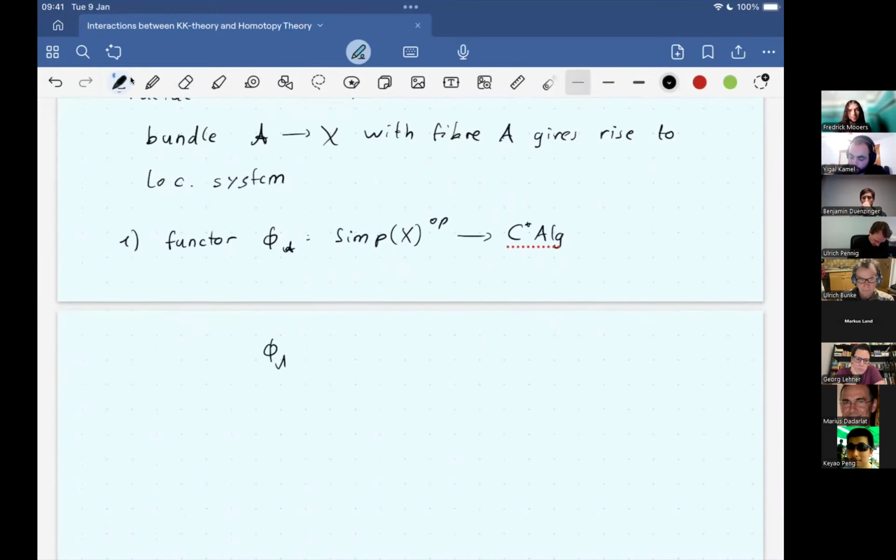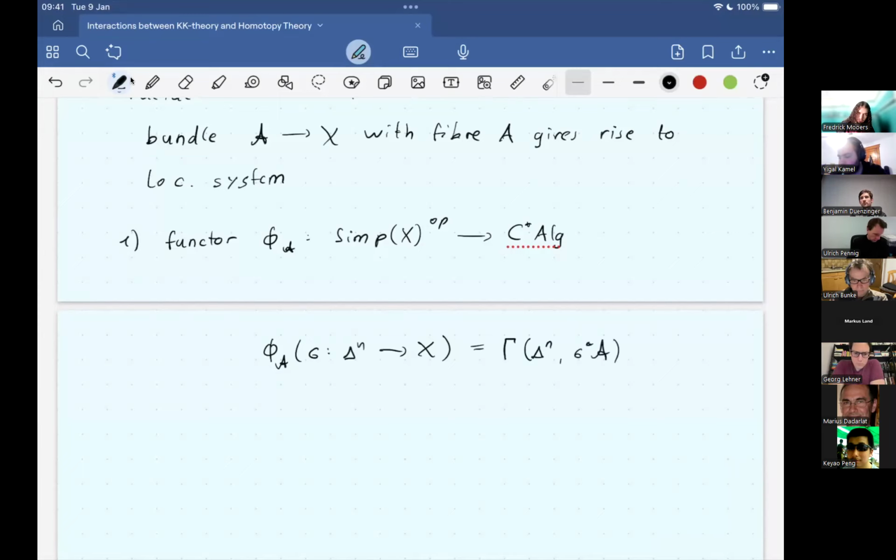You just associate to a simplex in X the section algebra of the pulled back bundle, right? Like this.